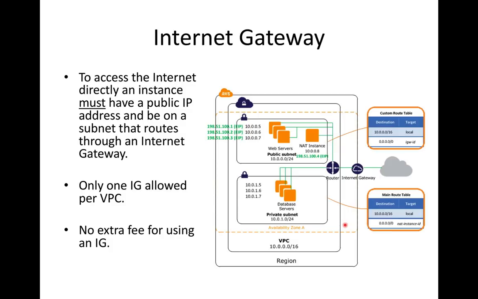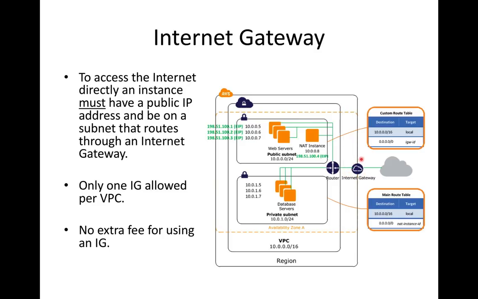In order to access that EC2 instance from the internet, that EC2 instance has to have a public IP address, and it has to be on a subnet that is able to route data through a resource called an internet gateway. An internet gateway allows a VPC to communicate to the internet.